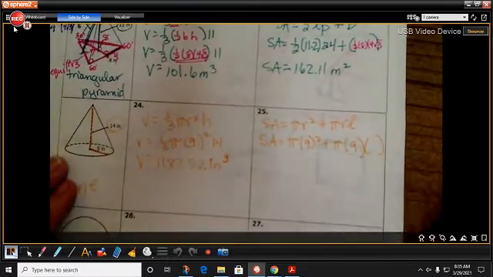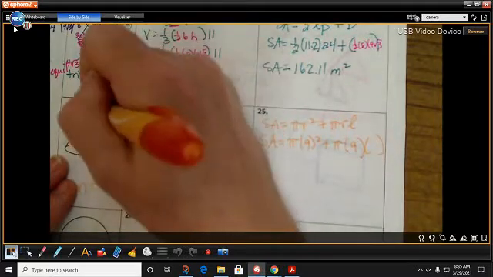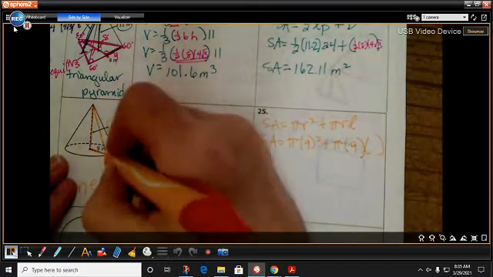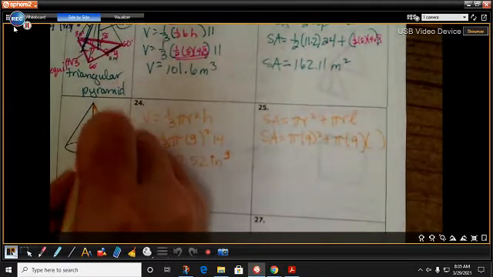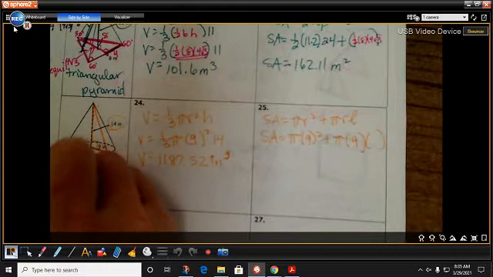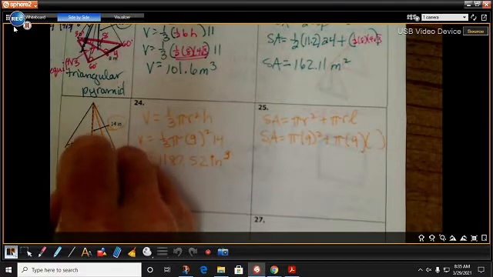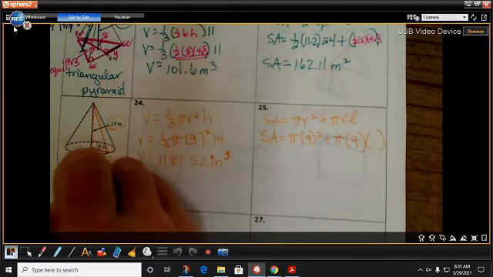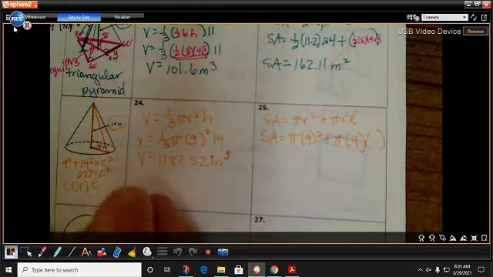And now I need to find my, oh, I don't have a slant height here. So I'm going to have to calculate it. I have to calculate that slant height from the base up to that vertex. And so I know that my height is perpendicular, so I can use my Pythagorean theorem. I have 9 squared plus 14 squared will equal c squared. That's going to come out to be 277 is c squared.